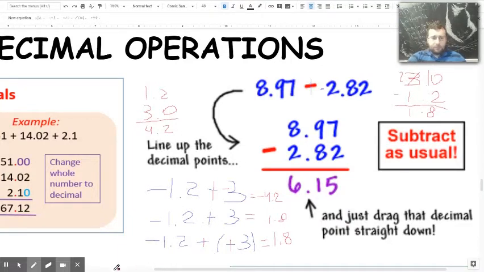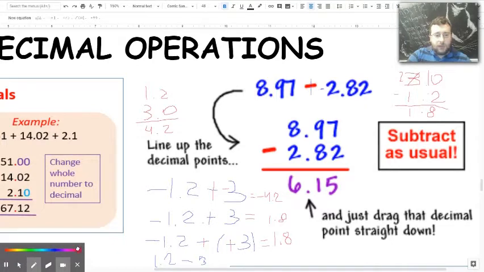By the way, let's do one last one here. What if you had it the other way around? What if this was 1.2 minus 3? We already did that, but now with the negative 1.2. So let's do 1.2 minus 3. So when you actually slash and slash, see, the signs are different.